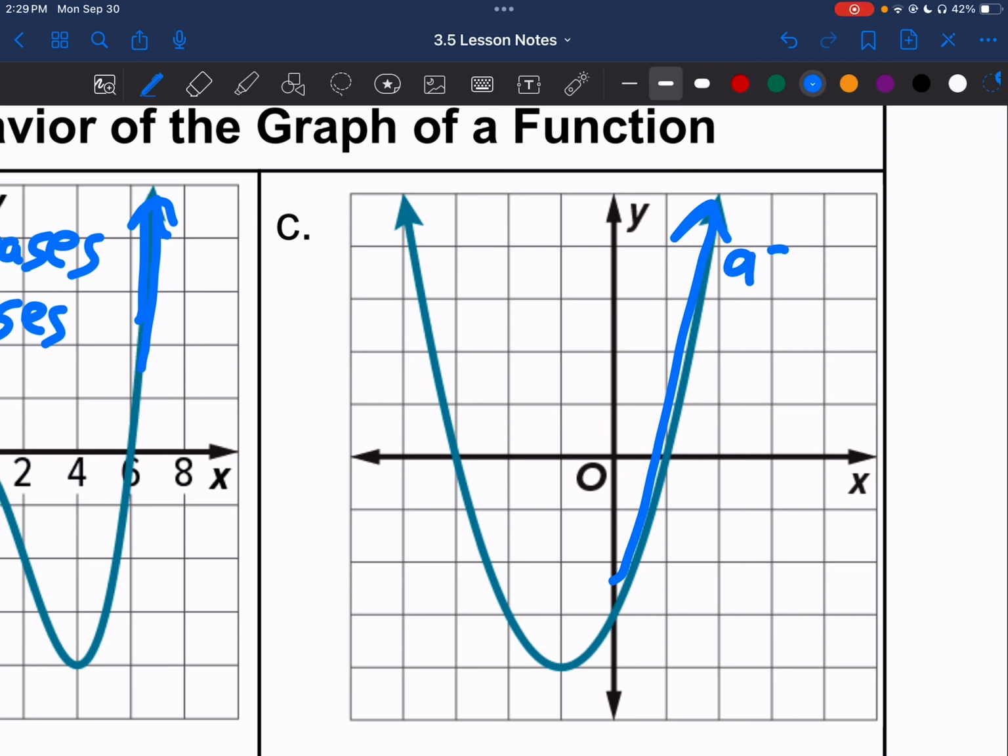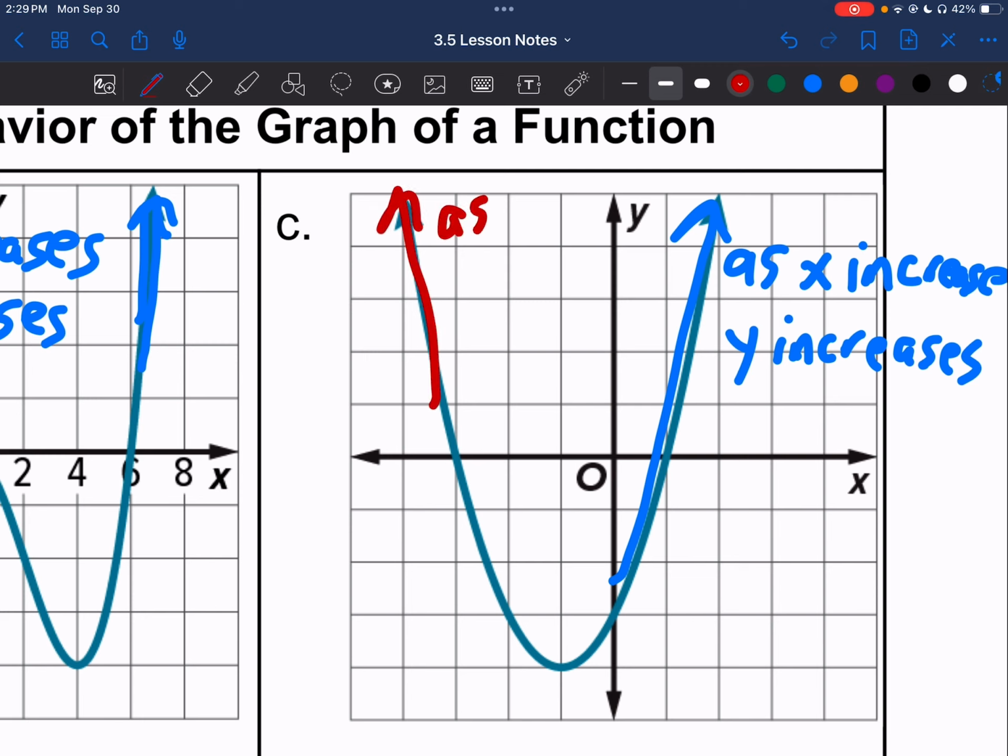As x increases, y is also going to increase. On our left side, as x decreases, as our x values get smaller, y increases as well. All right, so no matter what on this parabola, our y values are increasing no matter what we do with our x values.